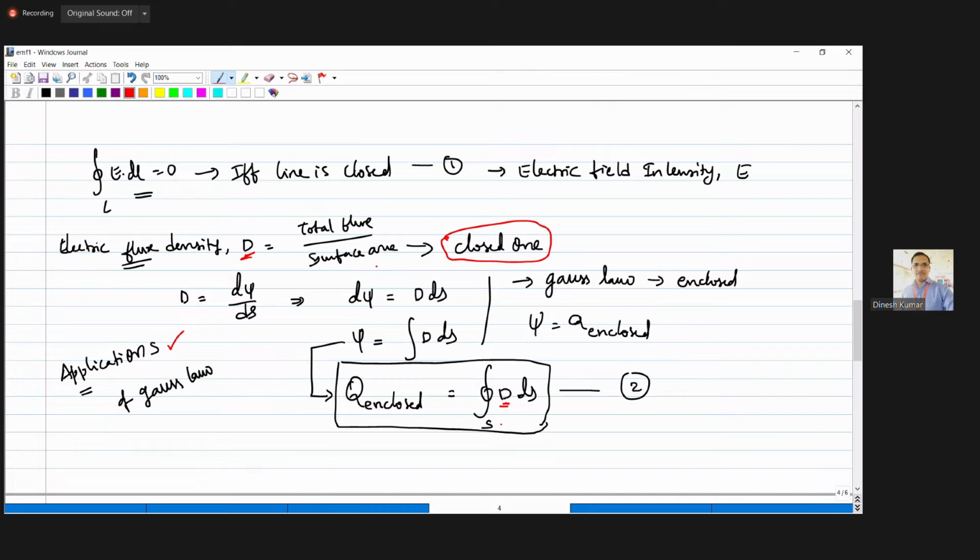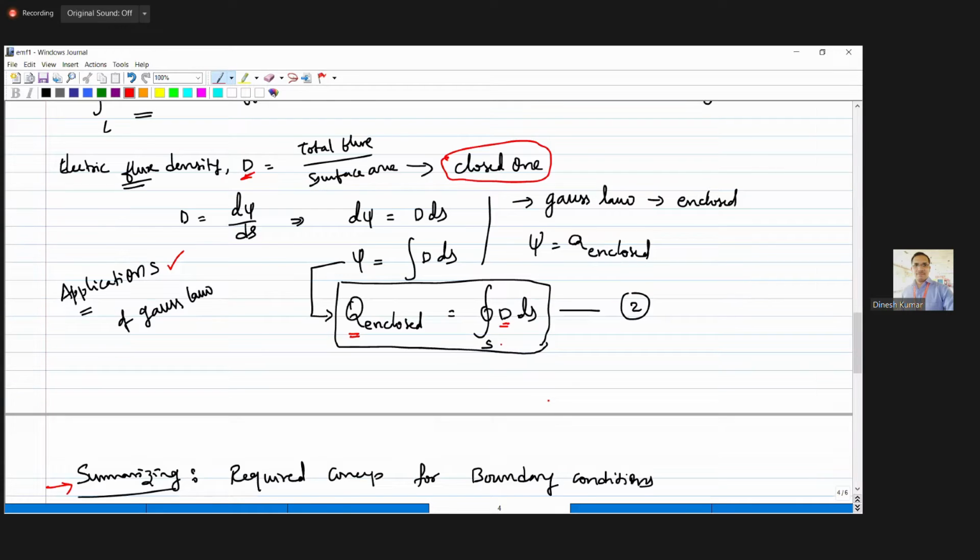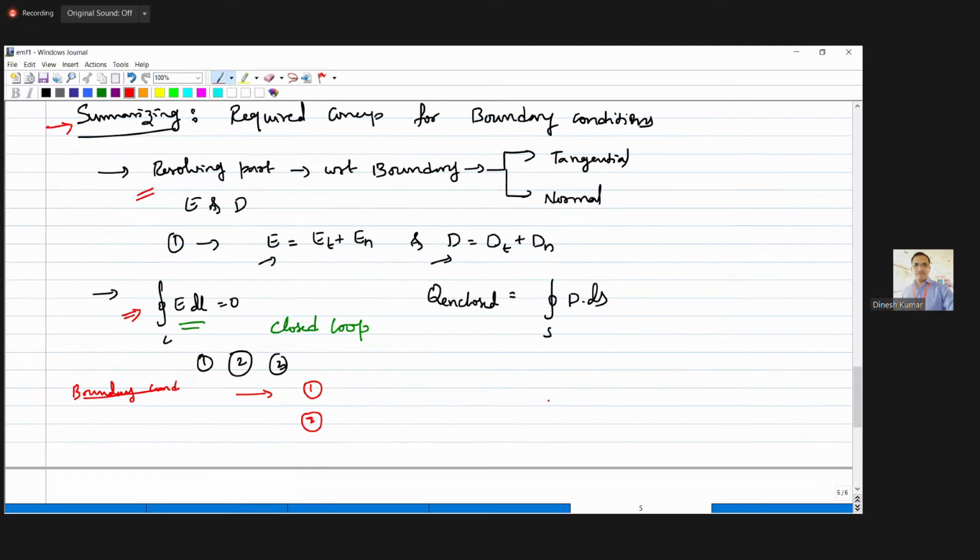Only if the surface is closed can we apply Gauss law, and hence I have written Q enclosed is equal to closed surface integral of D dot dS. These are the summarized parts, part 1 and part 2, and I will make use of them.